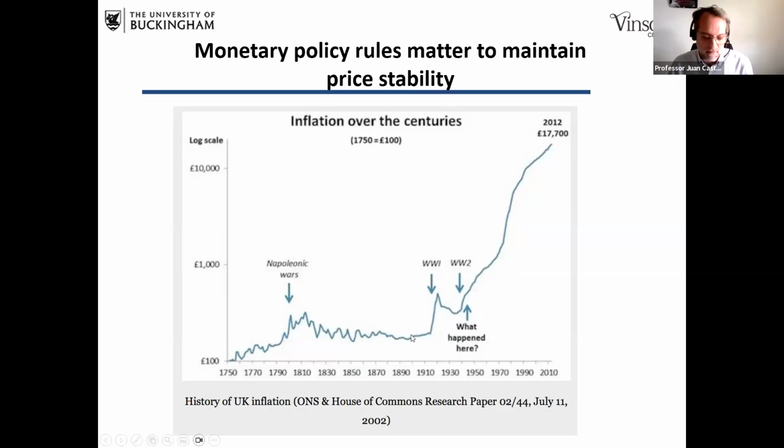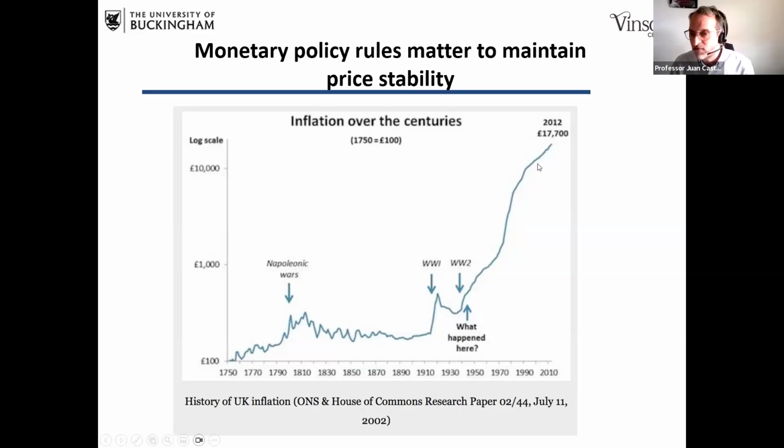That was very much under the running of a very successful regime, the gold standard. Then, of course, we have the two major wars and monetary expansion in order to pay for the wars. What is not normal is what happened after the wars. Since the 1960s and 70s onwards, we saw again an acceleration in inflation. You see that we have managed to contain it with the adoption of policy rules, inflation targeting in the UK in the 1990s, 1992 and onwards.